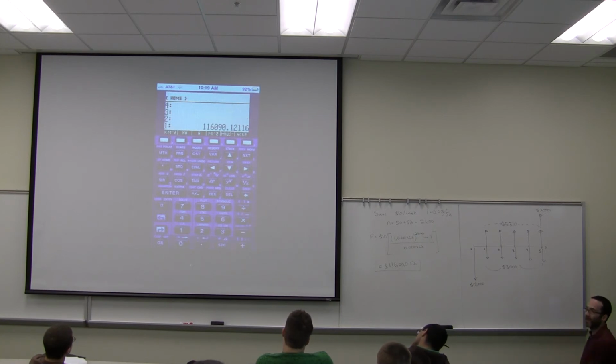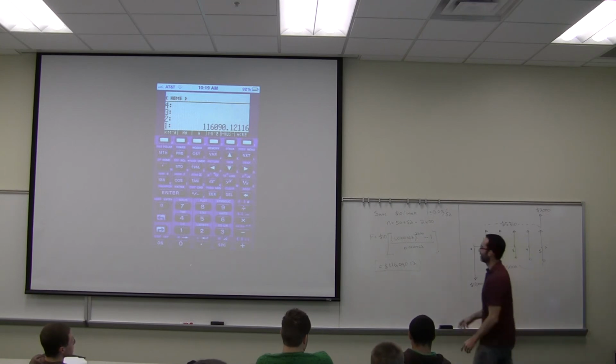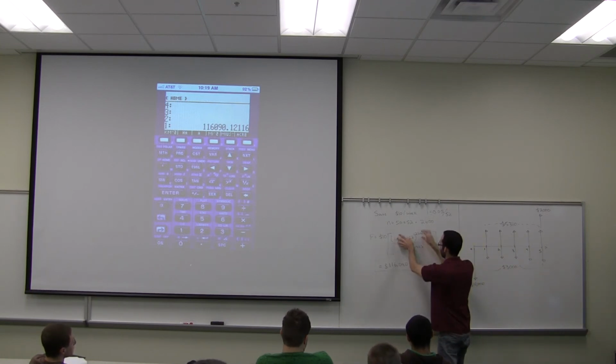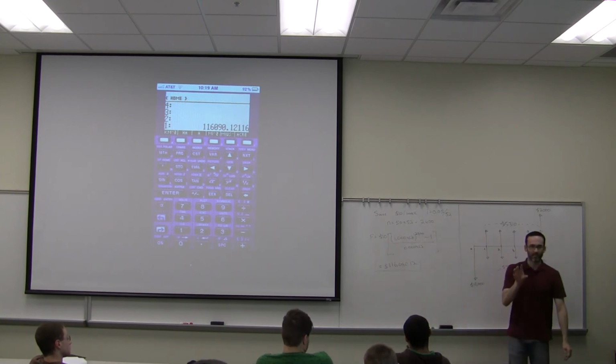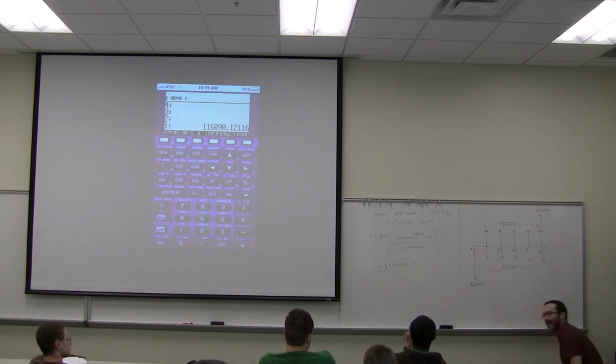Doing it in that notation can be useful because it allows you to see the result of this to that power, then subtract the 1, then divide by that, and then multiply by the 10, so you can keep track of what's happening in the solution. This is called reverse Polish notation.